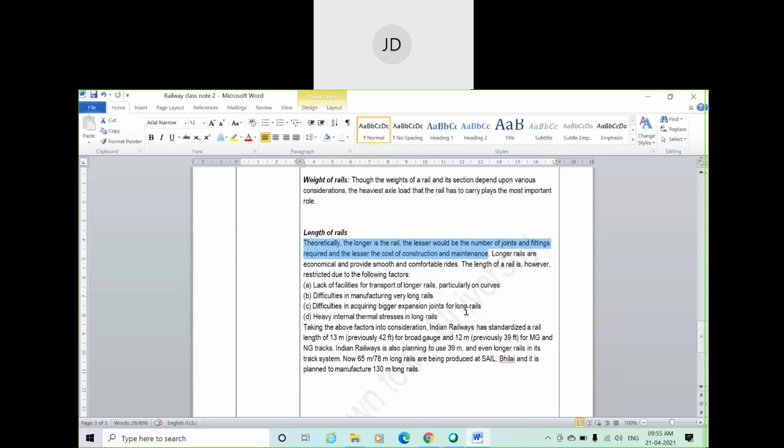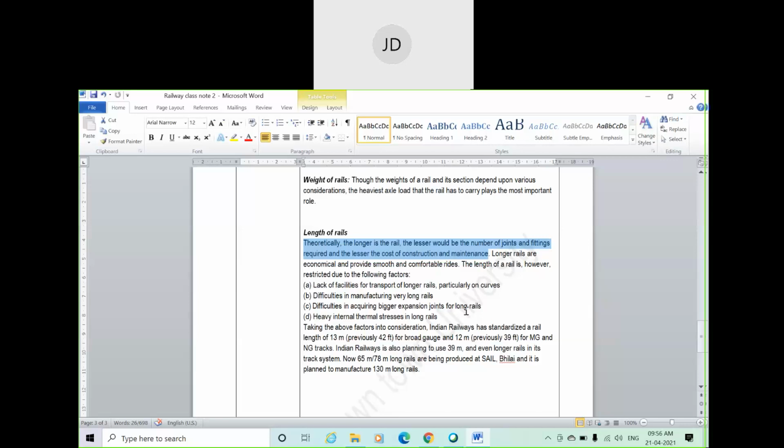If I consider only one direction, if I use 10-meter length of rail, then we have to provide 10 rails, and for 10 rails we have to give different numbers of joints, isn't it? And for each joint, we need a fishing plate to connect two rails. Fine. And if I go for a rail of 50-meter length, how many rails will be required? Two.